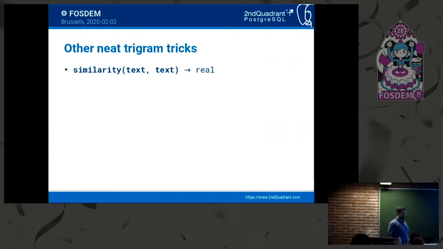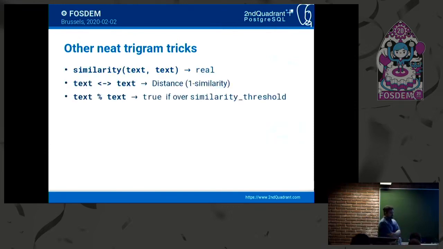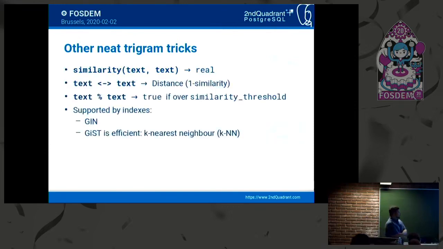Other tricks that trigram gives you are similarity of text as a number, the distance between 2 bits of text, and a Boolean that tells you if the text is more similar than your similarity threshold that you configure, and it's supported by GIN and GiST indexes as well.